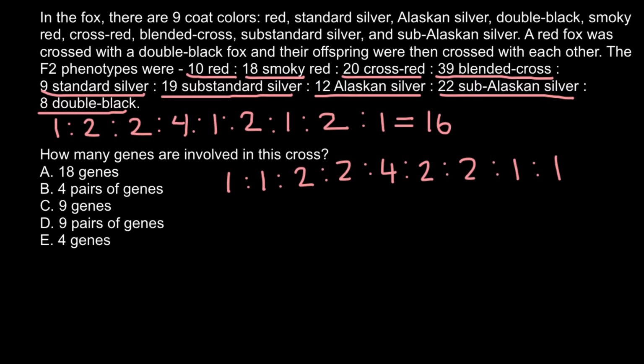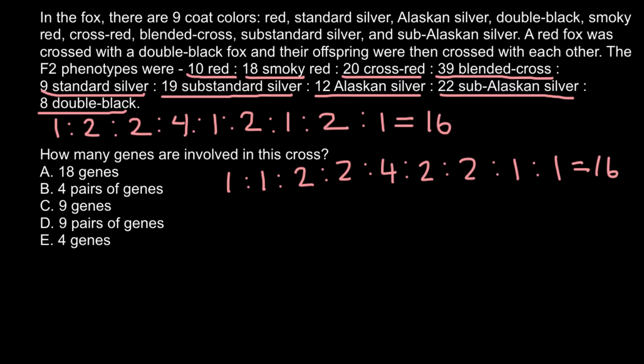I know instantly that this trait is under control of 2 genes with 2 allelic forms, because when we add these numbers we get 16. That gives me a strong hint that here we have a standard dihybrid cross.